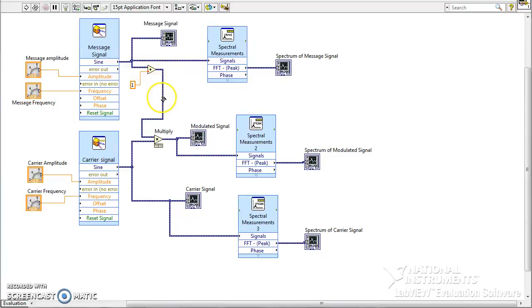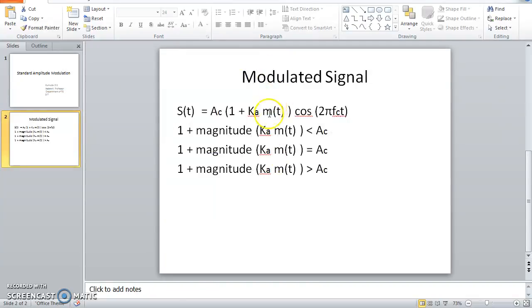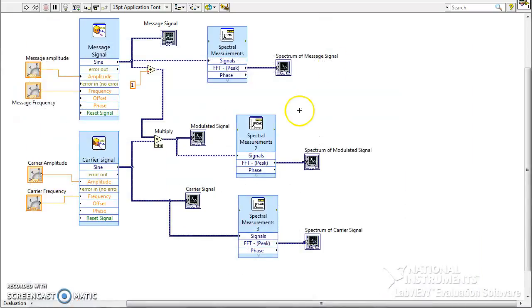This added message signal will be multiplied by the carrier signal, so that is what we have with the equation. The message signal added with 1 has to be multiplied by the carrier signal. The same thing is implemented over here, the message signal added with 1 multiplied by the carrier signal, where we could observe the modulated signal.